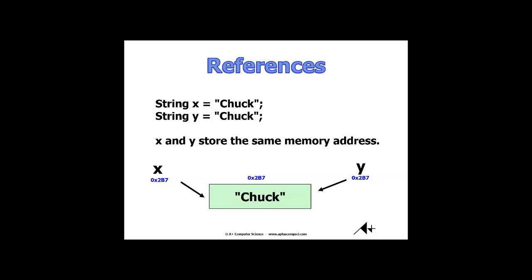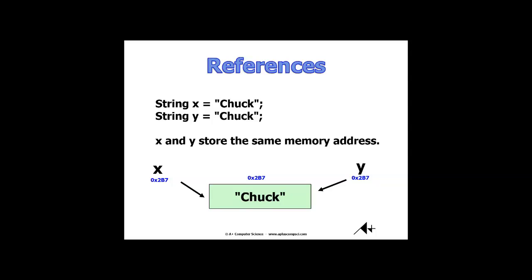So here in my example, X and Y store the same memory address because strings are immutable. Java doesn't want to have more than one "Chuck" floating around in memory. It just points everybody at the "Chuck" that was created when you said X equals "Chuck". So if I had 10 variables all pointing at the string "Chuck", Java would have them all pointing at the same one, because it doesn't need more than one since you can't change it anyway.